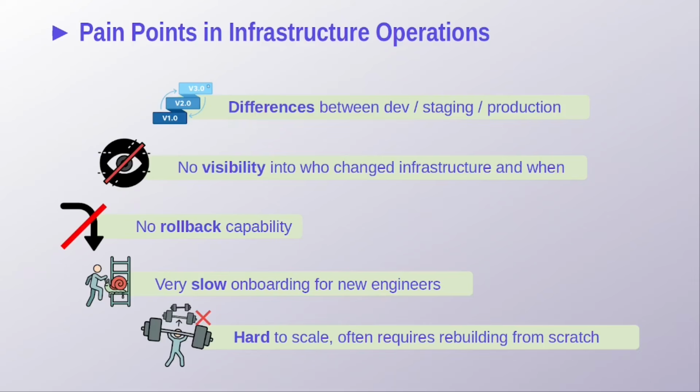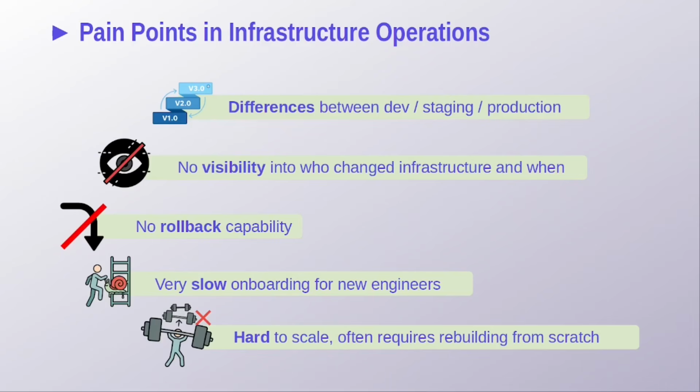The root cause. Why do these problems happen? Infrastructure is not managed like software. People treat infrastructure as something manual, something special, something only senior people touch. This is wrong. With infrastructure as code, it changes.